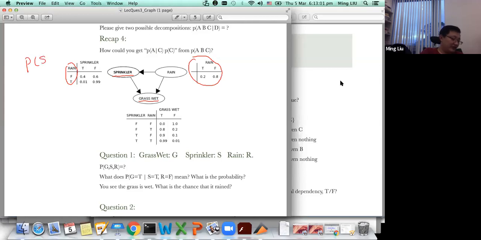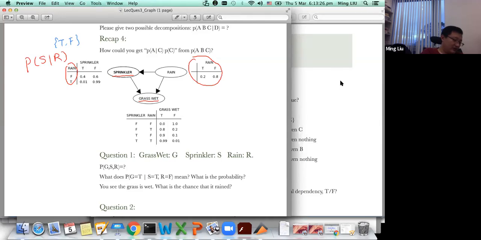So given the condition of rain, this is a probability of S given R. Given it rains, whether it will turn on the sprinkler, we have this probability. R can be true or false.